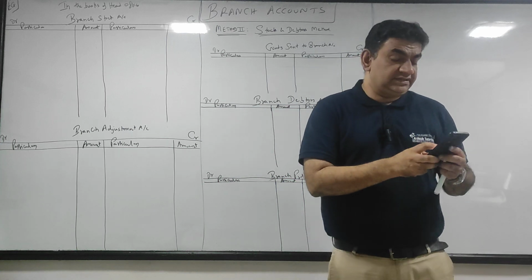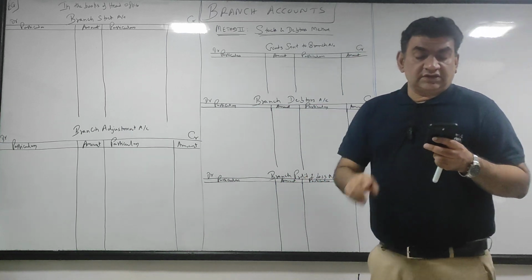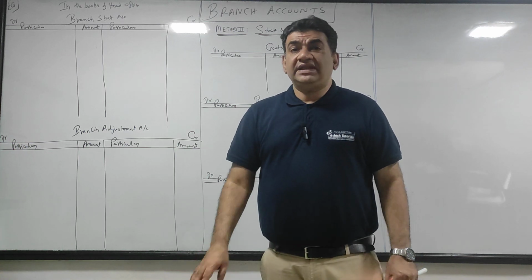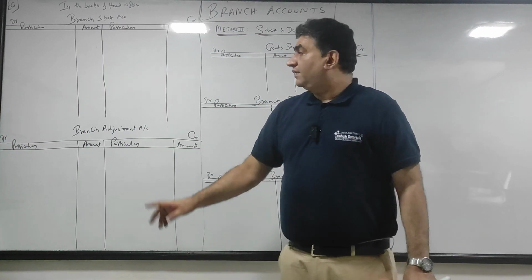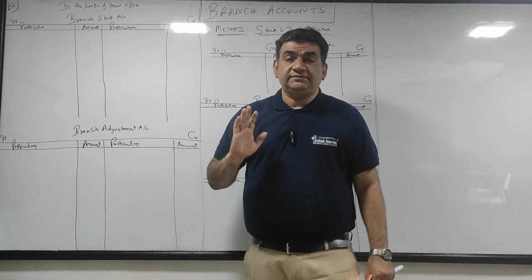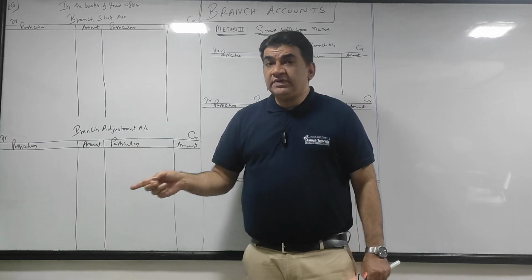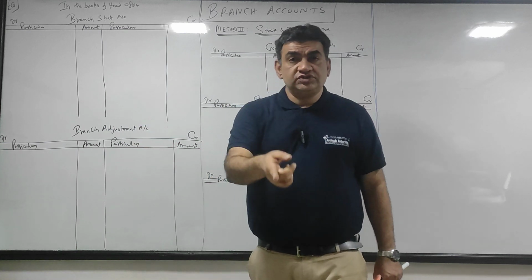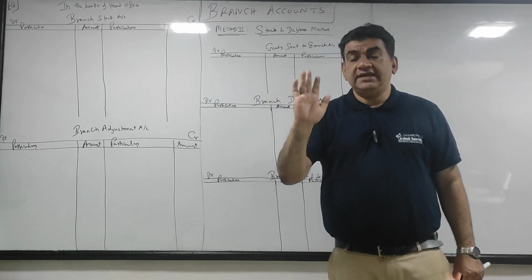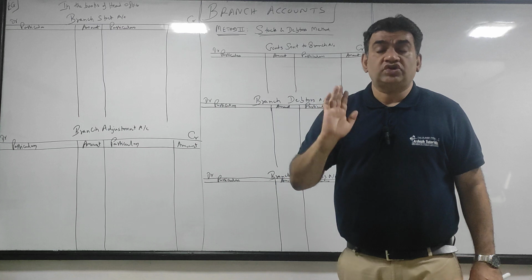Okay guys, now listen. See the third line, they have told you to prepare necessary accounts. They have not specified which accounts to make. As I told you, branch stock you have to make in each and every sum. Branch adjustment, because goods are sent at invoice price. Goods sent to branch has to be made, whether goods are sent at cost or invoice price.